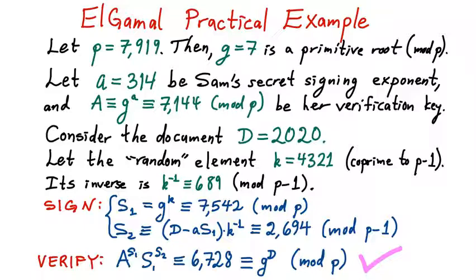And the second piece is d, 2020, minus 314 times 7542, multiplied by 689, and you reduce this modulo p minus 1 to find 2694. And the verification checks out. If you take the values above, A to the s1 times s1 to the s2, and g to the d, both of them are 6724 modulo p. So it's a valid signature, it passes the test.